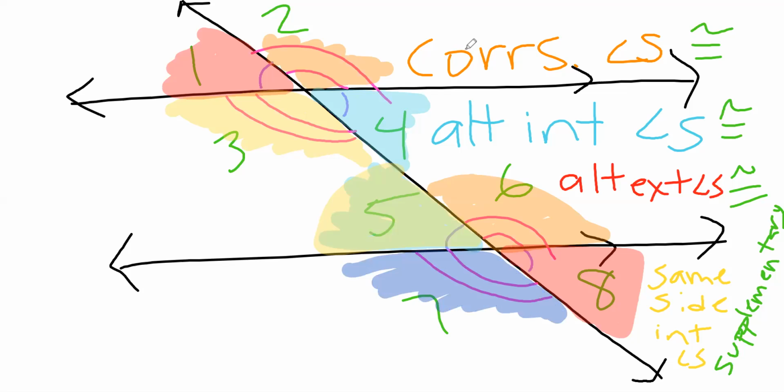Same side exterior would be number 1, right? Same side exterior would also be supplementary. We don't really talk about those though, because the idea is that a lot of these angle relationships will pop up in triangles. They'll pop up in parallelograms and other types of quadrilaterals. But you don't really have same side exterior pop up in these shapes because we're looking within the shapes and exterior is outside of the shapes. So not really that important.